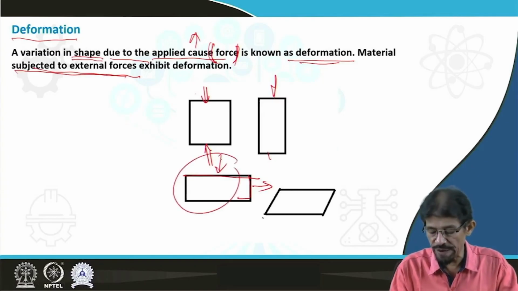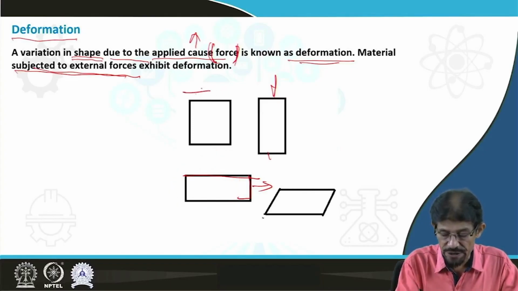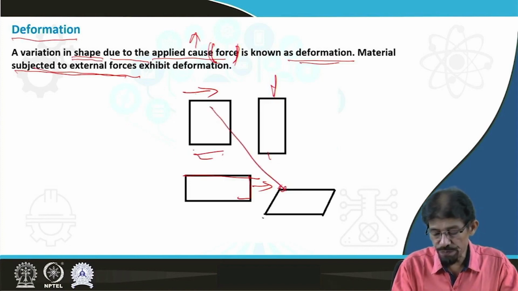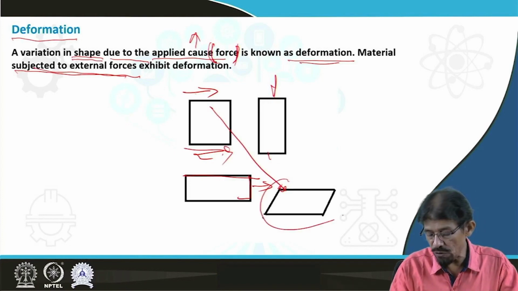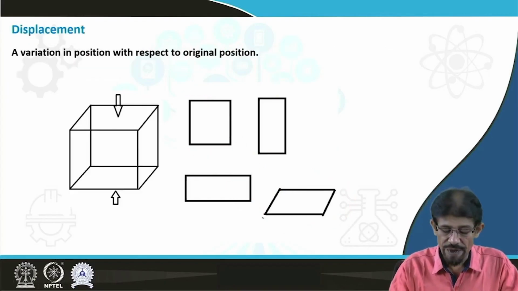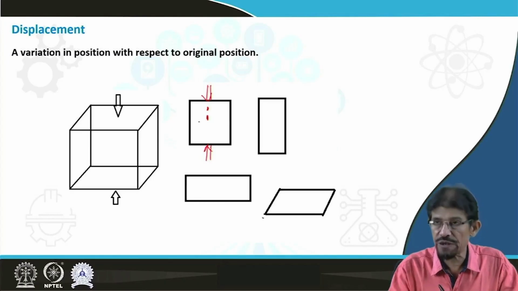So there is a change in shape. If we apply shear here, a tangential type of stress, it will distort the body. The next aspect is displacement. If we put a point here and it is under stress, then this point will show its position shifted here.